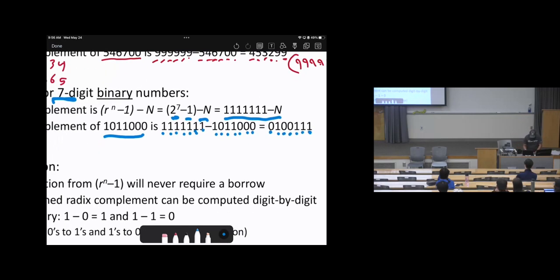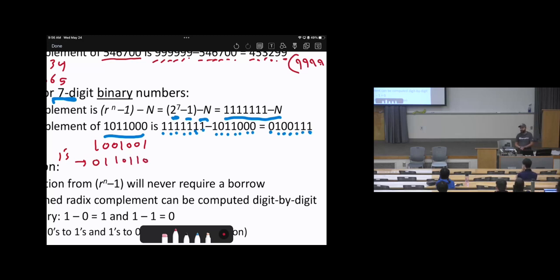Then, let's assume another example like 1, 0, 0, 1, 0, 0, 1. To find what's called the ones complement, again it's ones complement because it's binary, any 1 will be 0, any 0 will be 1. So this will be 0, 1, 1, 0, 1, 1, 0.